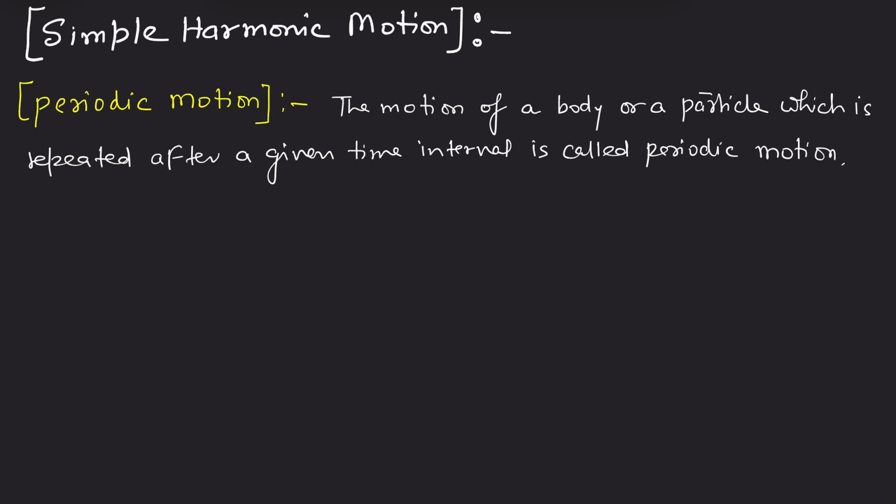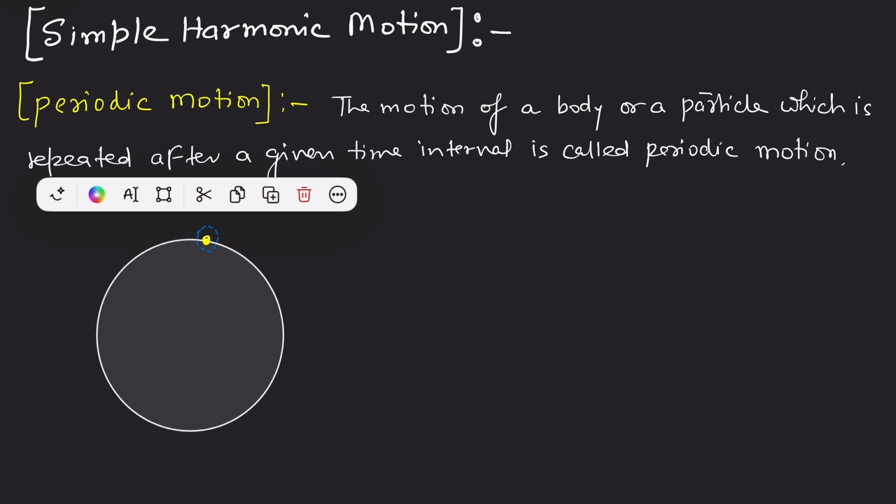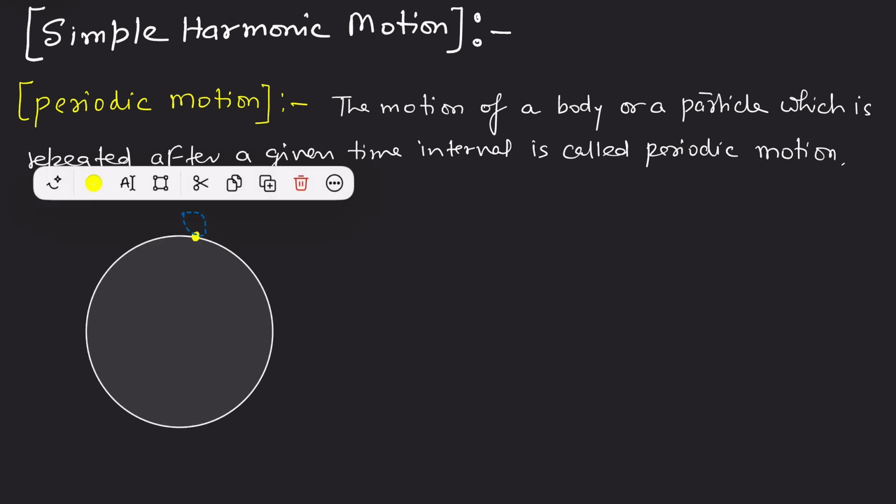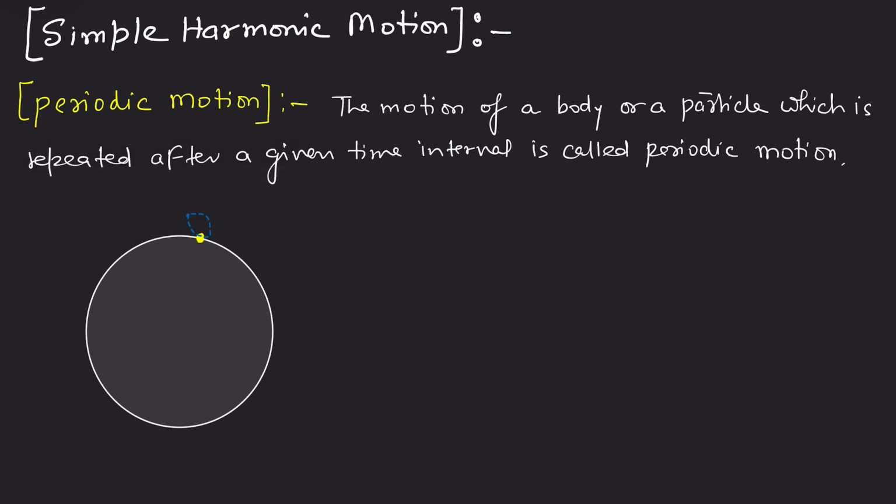Suppose we take this circle, and there is a particle which we have here. Now if this particle is moving uniformly on this circle, we know that after a certain time interval it will repeat its position again.